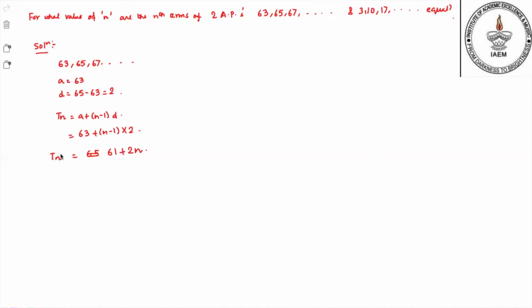Now, if we look at the second series, which is 3, 10, 17, A is 3, D is 10 minus 3, which is 7. So Tn is A plus (n minus 1) into D, which is 3 plus (n minus 1) into 7. So it will give us minus 4 plus 7n.